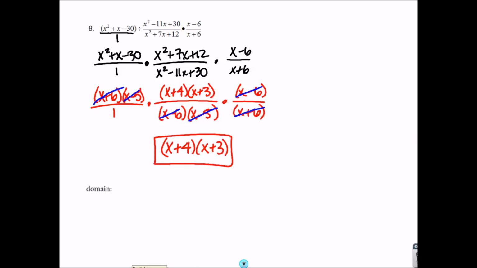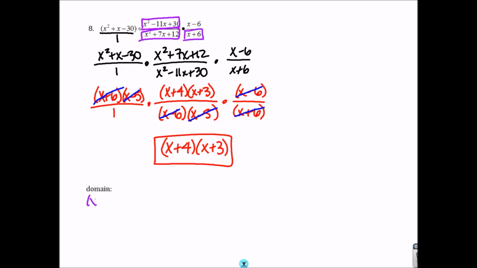Now for the domain. The first fraction was not originally a fraction, so we don't need to worry about that. We do need to look at both the numerator and denominator of the fraction that we divided by and the denominator of the fraction that we multiplied by.